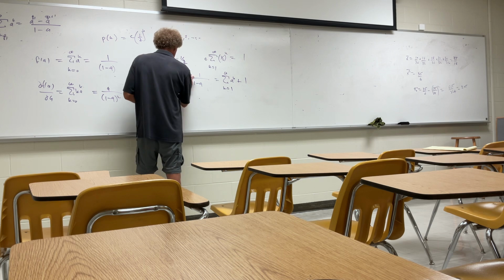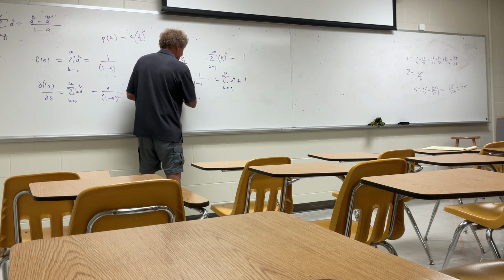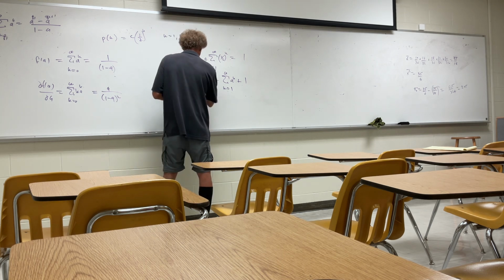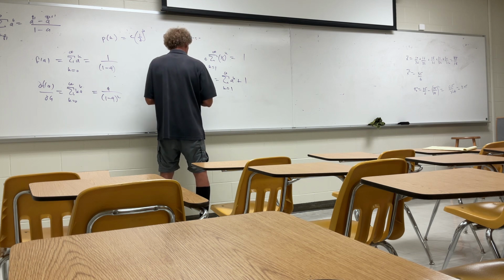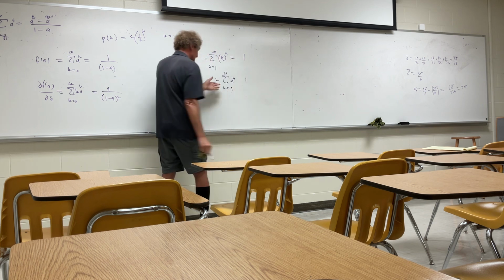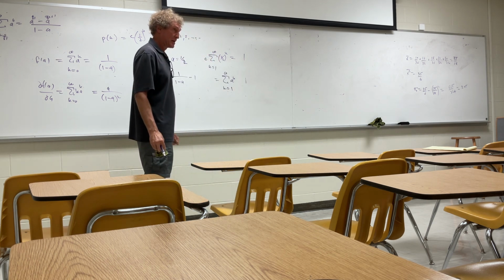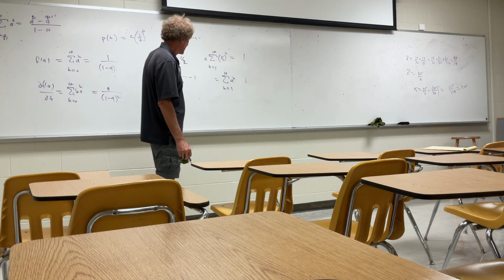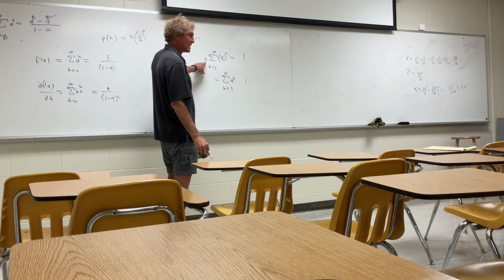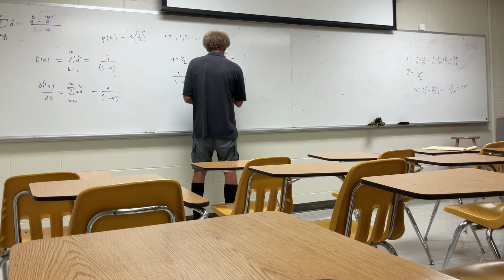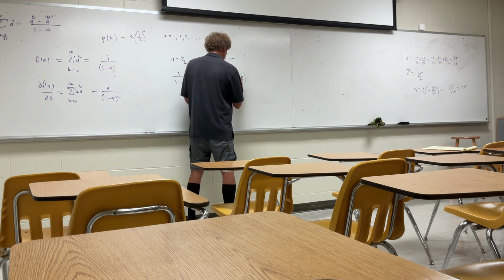So what that means is, if I take 1/(1 minus a) minus 1, I have this, correct? And now look, that's a c, right? I'm going to put a c in front here. That's 1/2 to the k.